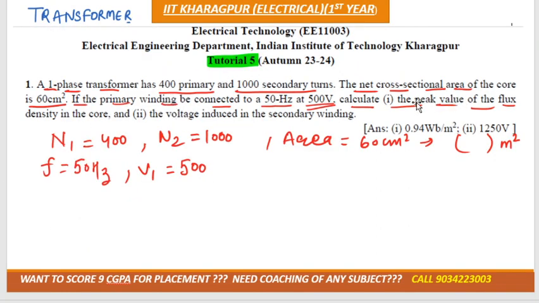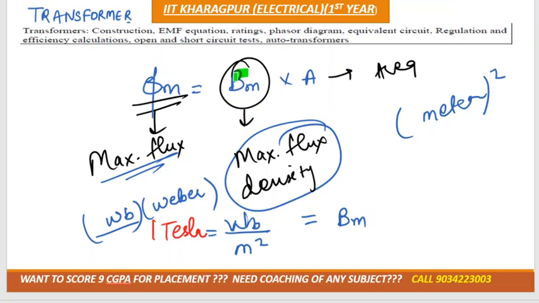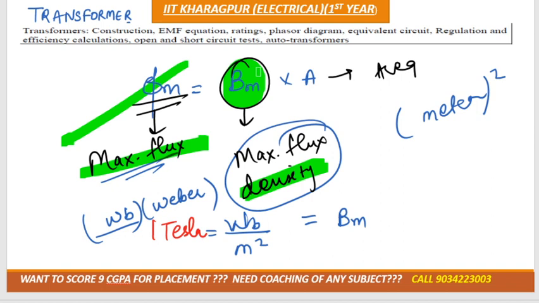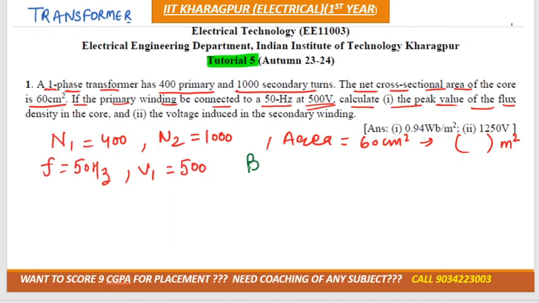Now back to the task: calculate the flux density, right? They ask you for Bm, and Bm equals phi m by area. From the EMF equation, phi m equals V1 by 4.44 f N1, correct? Any doubt up to here?